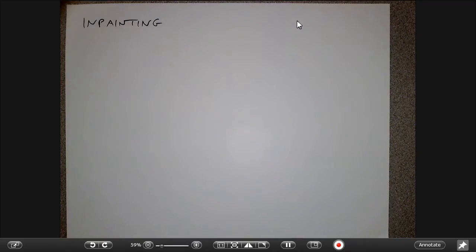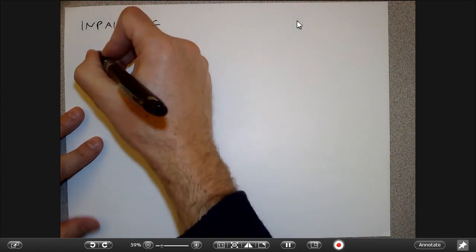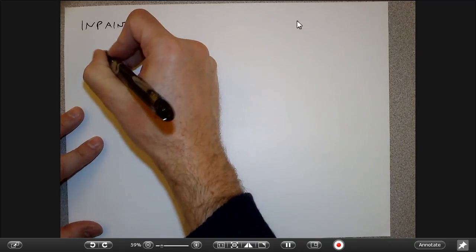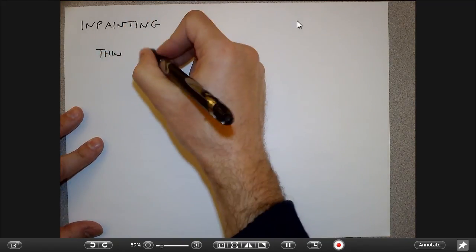All this texture synthesis stuff that you see for cloning brushes is really the same stuff I'm going to talk about right now under the hood. Okay, so the original idea was looking at very thin holes, right?